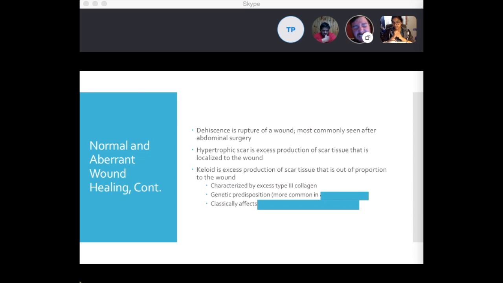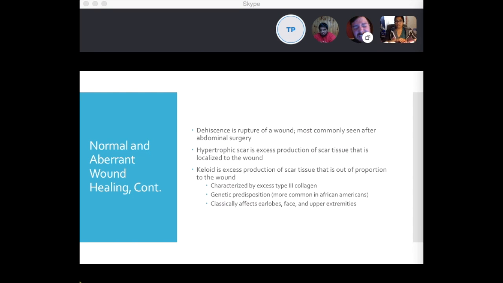And it is more common in what ethnicity of peoples? Dark-skinned people? African Americans. And classically affects what parts of the body? Face? Yeah. Face, earlobes, and upper extremities mostly.